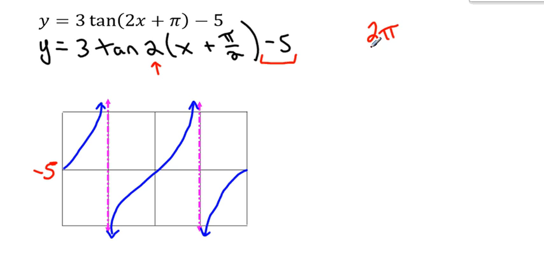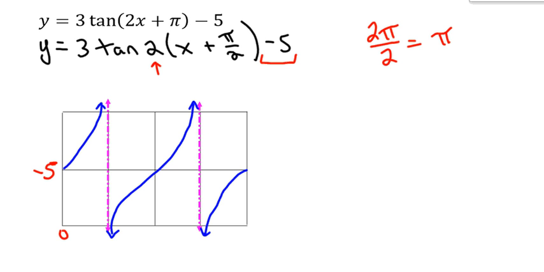So the transformation, the k value is 2, so the actual sketch will be between 0 and pi units. So if this wasn't phase shifted at all, I would start at 0, and this would be pi units, not 2 pi, pi. Let me fix that.